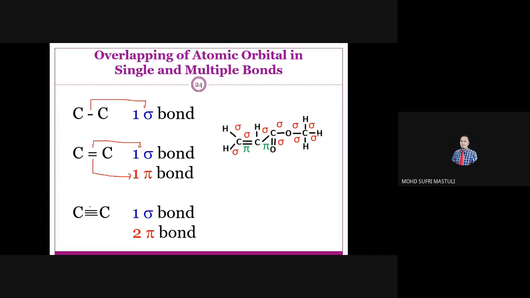For the triple bonding, one of them is sigma, the other two bonds are pi. So in triple bonds, one sigma, two pi. In whatever molecule is given to you, you should be able to identify sigma and pi, and you should be able to tell how many sigma bonds, how many pi bonds. It's very simple.